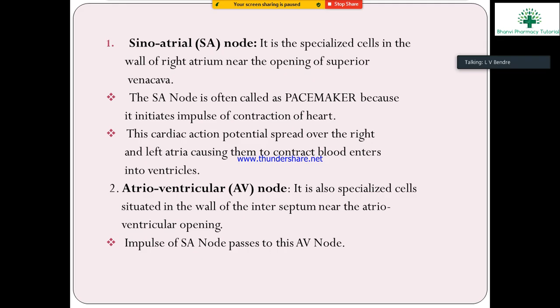Next, the atrioventricular node is made of specialized cells situated in the wall of the interventricular septum near the atrioventricular opening. The impulse passes from the sino-atrial node to the atrioventricular node.